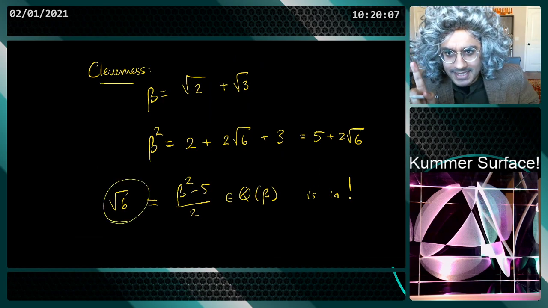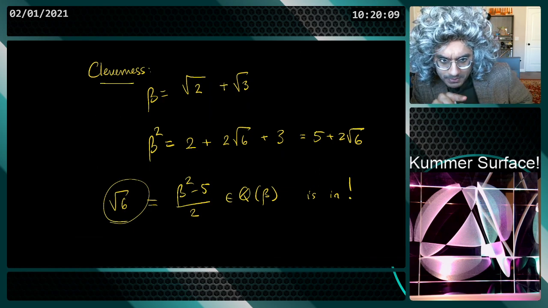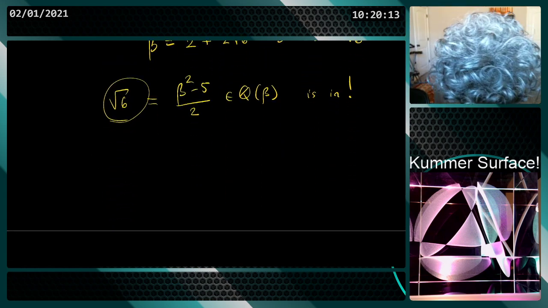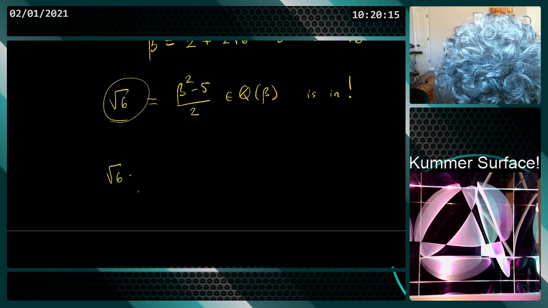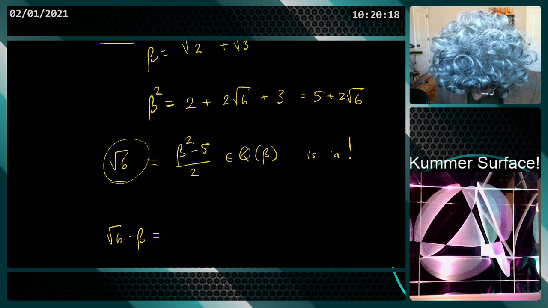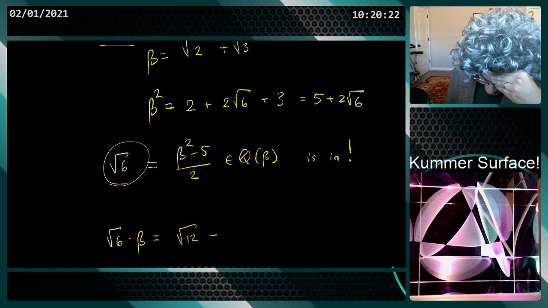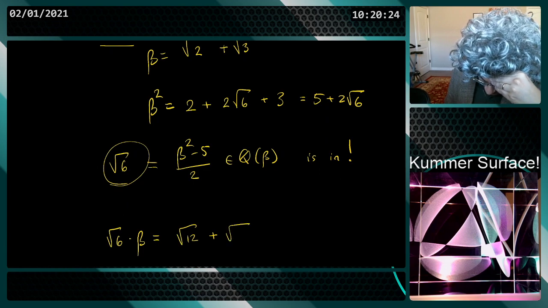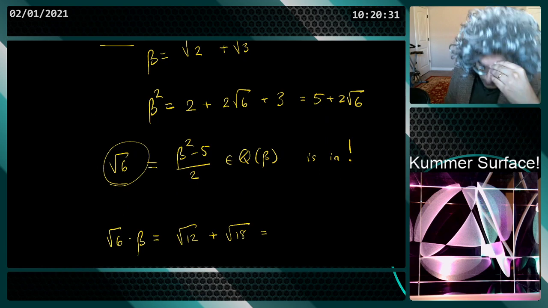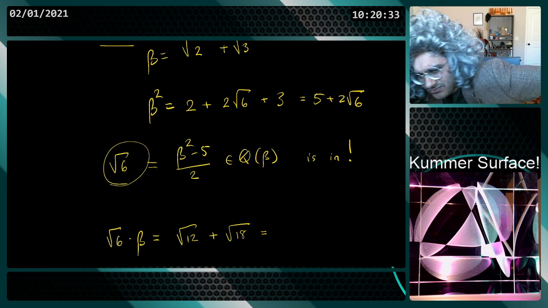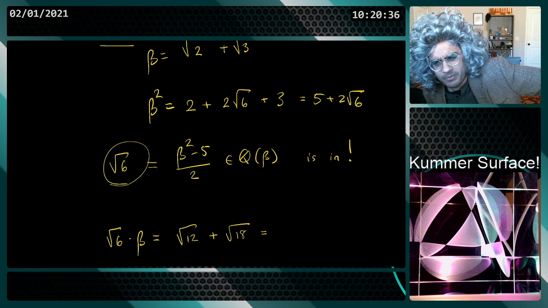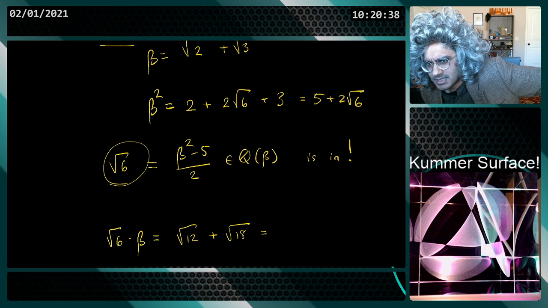Now, if square root of 6 is in the field, I can multiply that by beta. Hopefully this is going to get somewhere. Is this going to get somewhere? Okay, hold on.